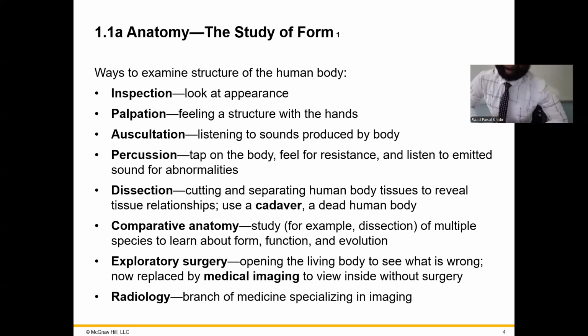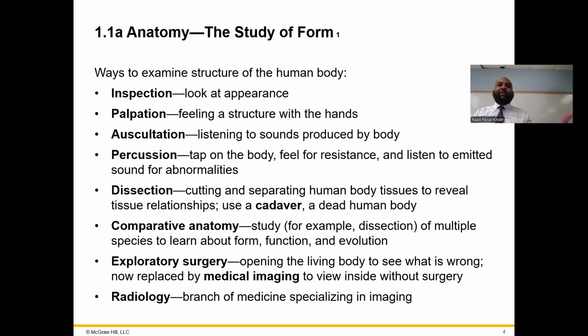Percussion was where you would put your finger like that and tap on it and then feel a sensation. That would give you a sensation if the patient has any form of splenomegaly, if the spleen is abnormally enlarged, or if the liver is abnormally enlarged, hepatomegaly. But that is not done anymore. This was in the past.